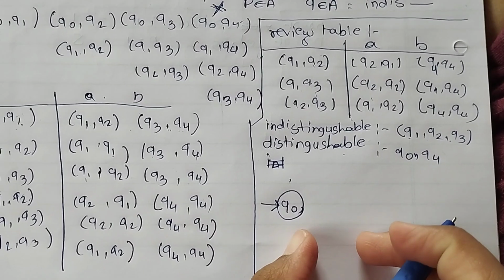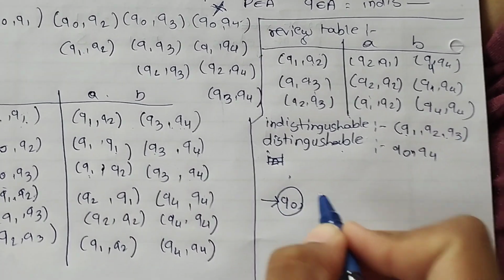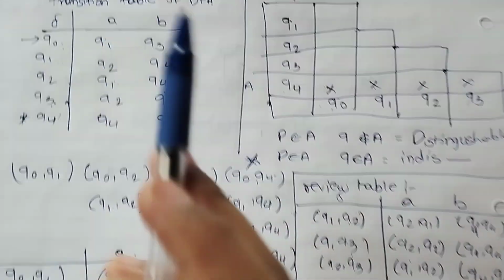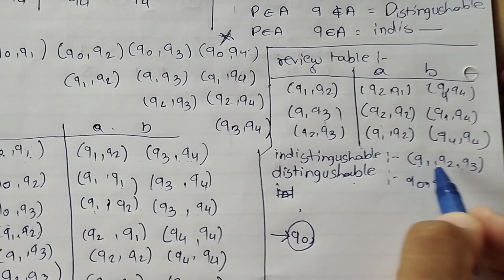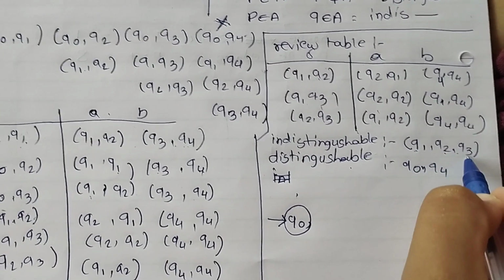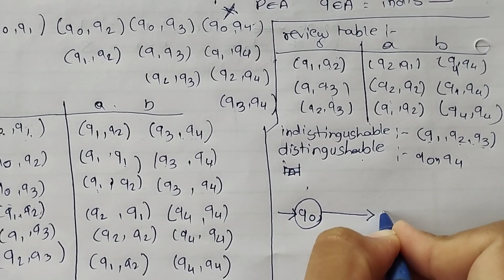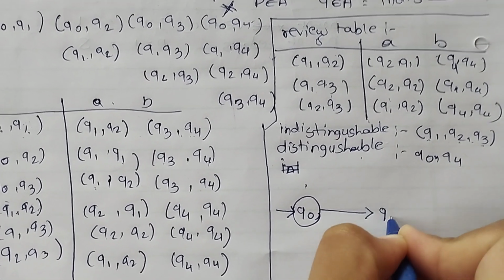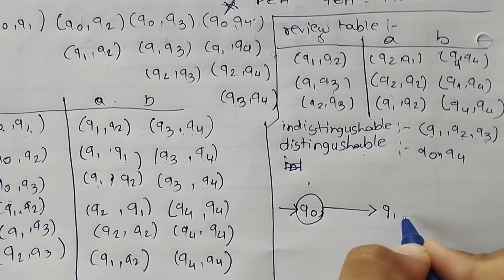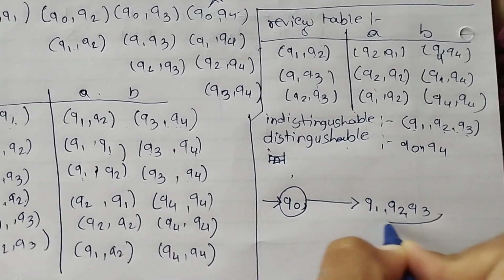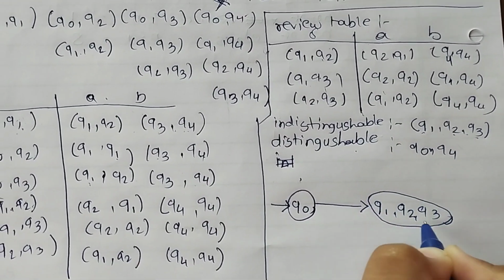Now we draw the minimized DFA. Q0 reads A in Q1, but Q1 is paired with Q2 and Q3.